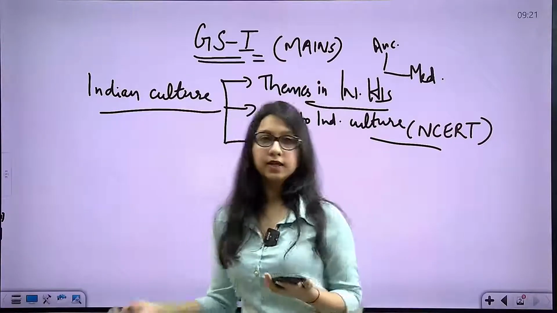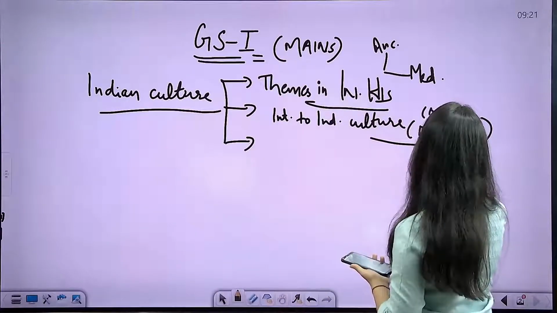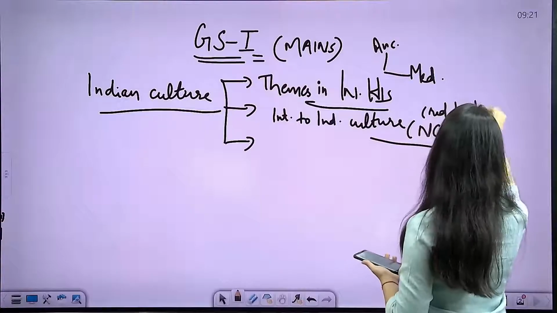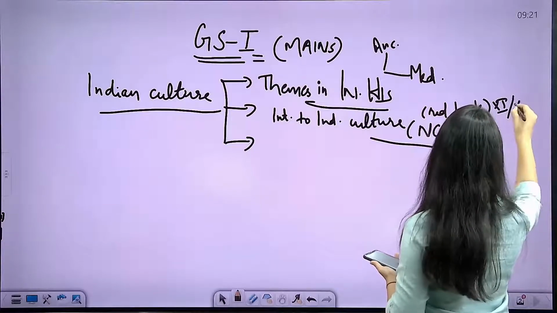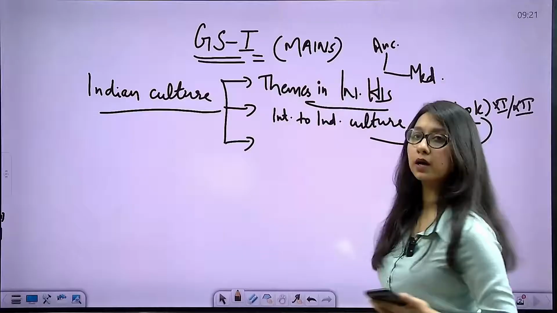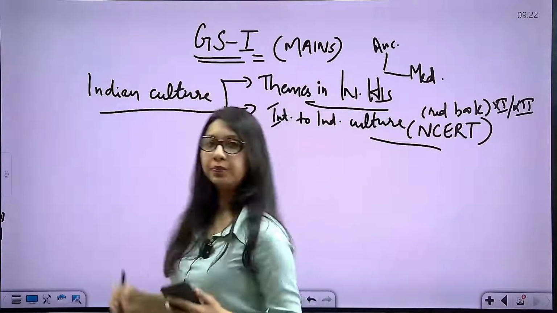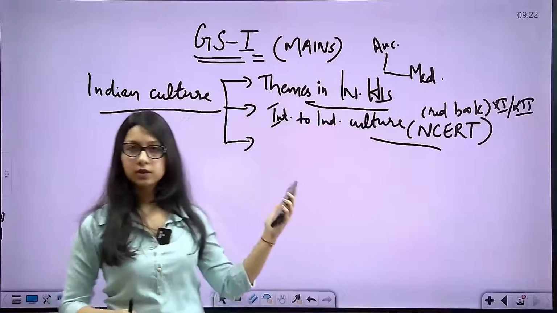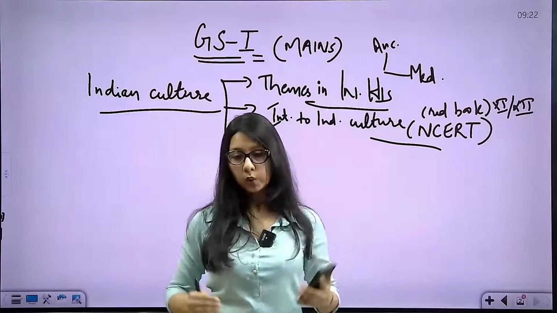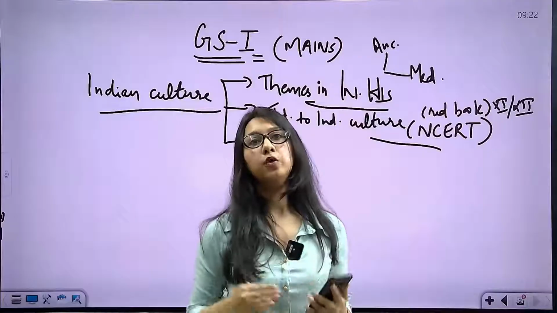Not many people read it. This is a must-read book. It's for class 11 or 12, I guess, part 1 and part 2. But it deals with topics like temple architecture. It starts right from the Paleolithic age, and then deals only with the art and architecture part of our history.